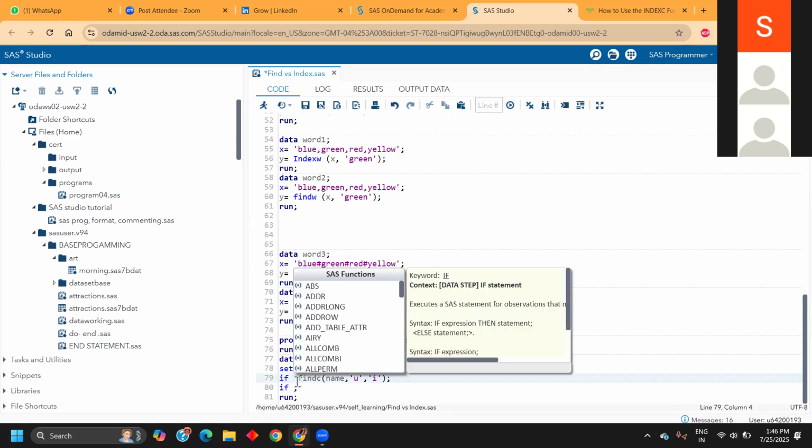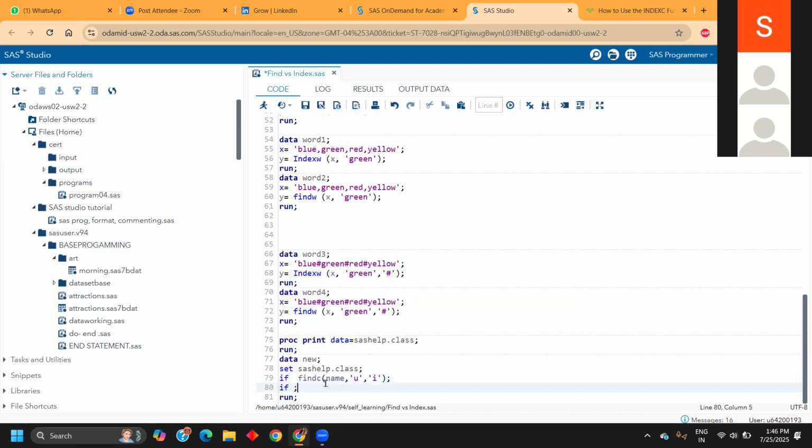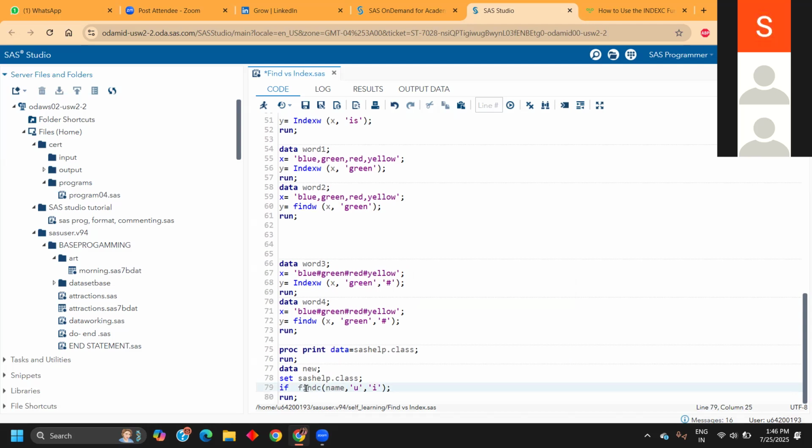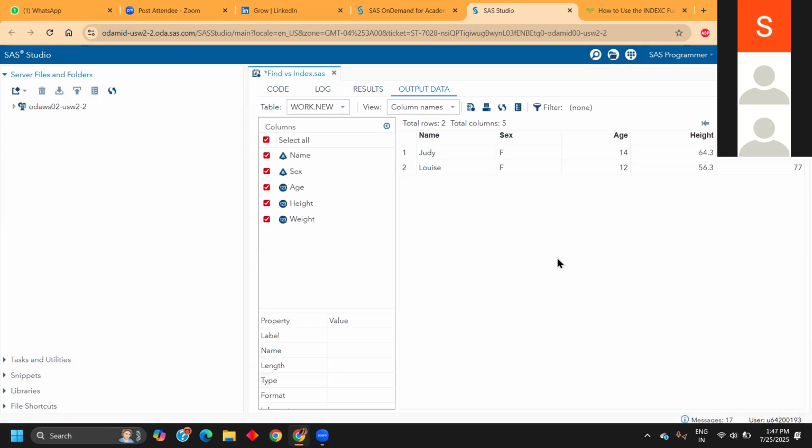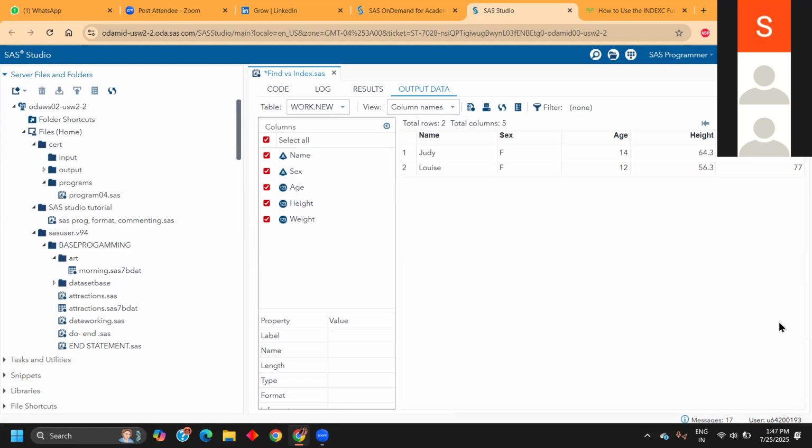Remove the F at the 80th line. Now run it. What did we get? Only the observations with U. Exactly. Instead of writing two steps, I just gave it in one step.